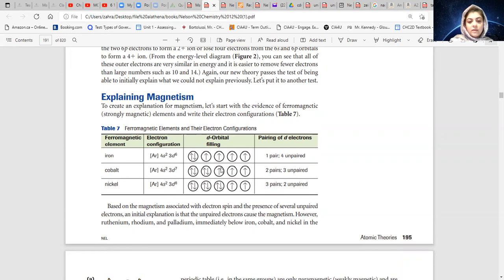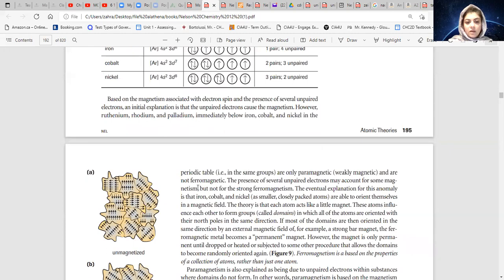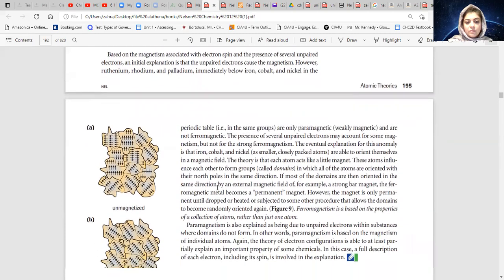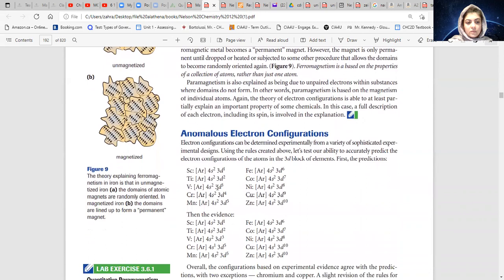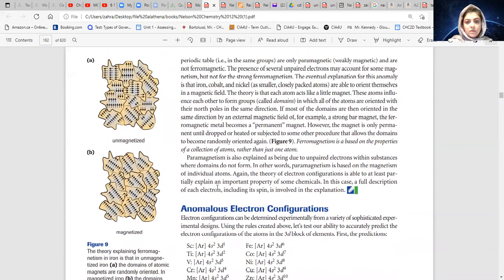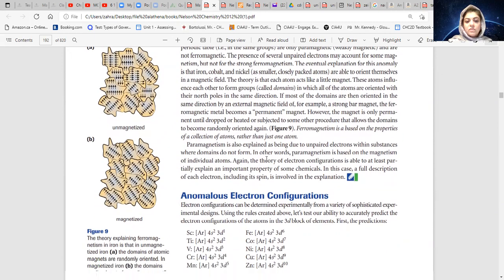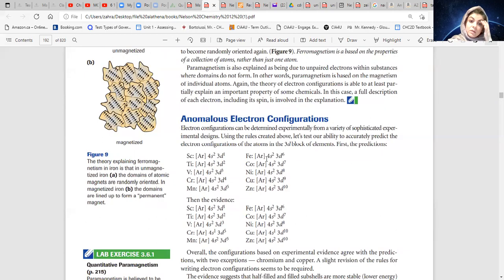Cobalt has 3 and nickel has 2. So of course, iron is stronger. I'm asking the students to read this page about magnetism.